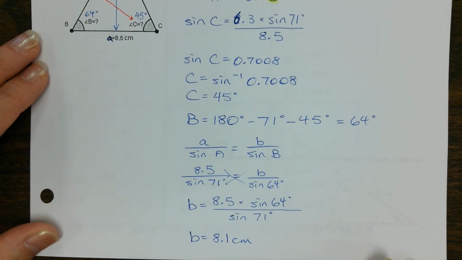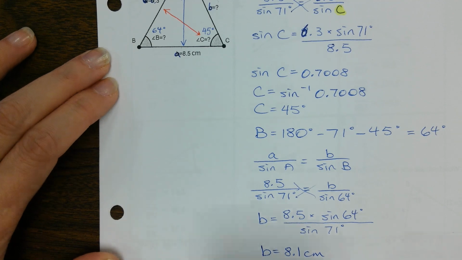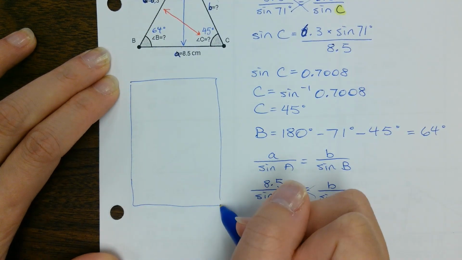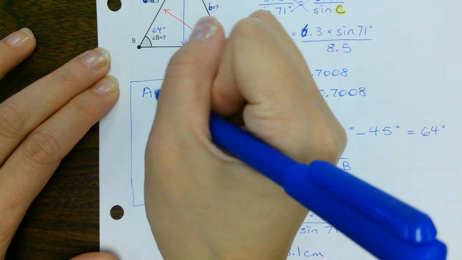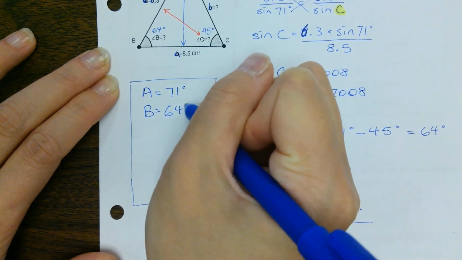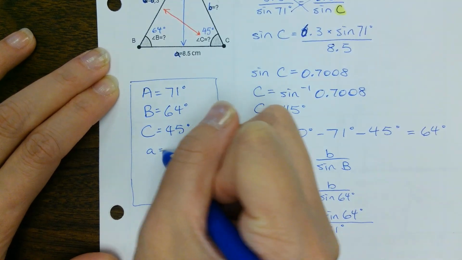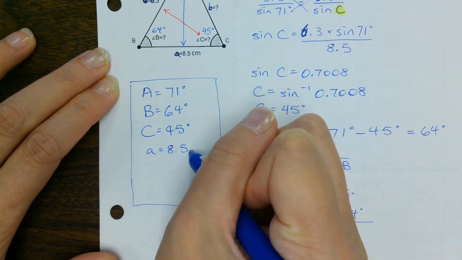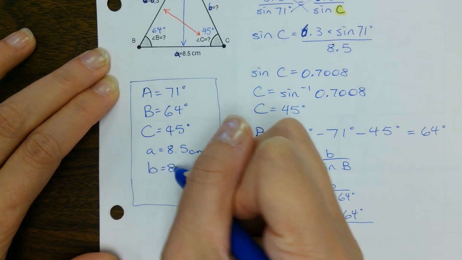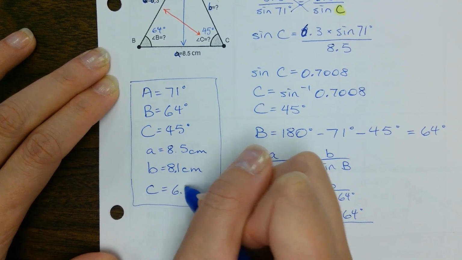Okay. I know that when you guys get into the senior grades, your teachers love to get the summary box, the answer box. So angle A, 71 degrees, angle B, 64 degrees, angle C, 45 degrees, length A, even though it's given, 8.5, B, 8.1, and C, 6.3.